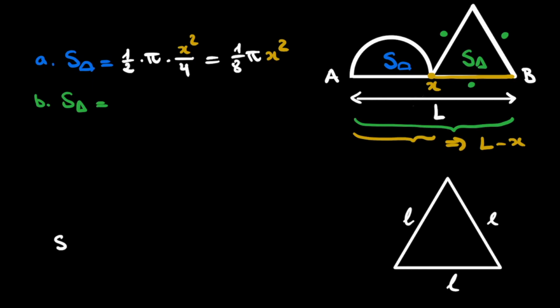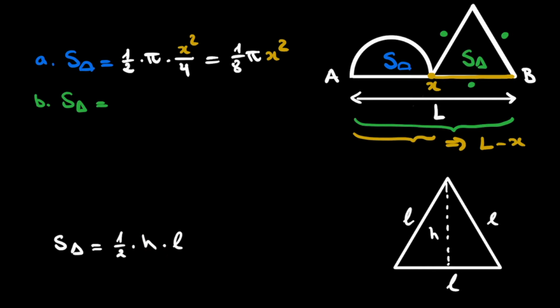Now we know that the surface of a triangle is equal to 1/2 multiplied by the height of the triangle, which is basically this length right here, which we call h, multiplied by the base of the triangle, which in this case is simply l. Now we need to find a way to link this h with this l, because l is the only distance that we have, namely this capital L minus x, and we don't really have an expression for h.